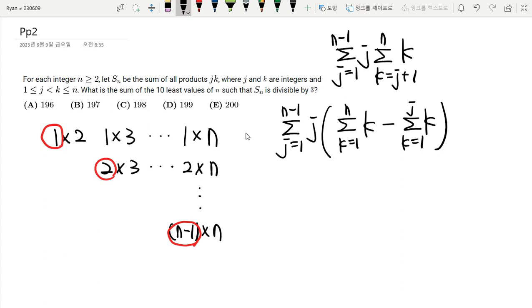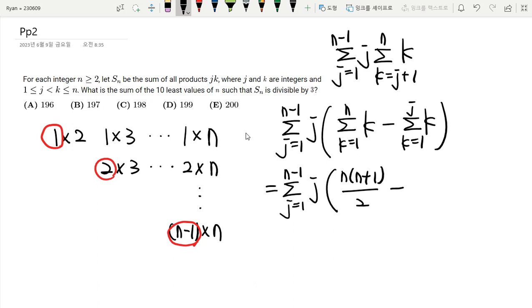So after making this subtraction, now we are starting from the j plus 1. So for the first sigma notation, it's like adding 1 to 1 through n. So the sum is n times n plus 1 divided by 2.